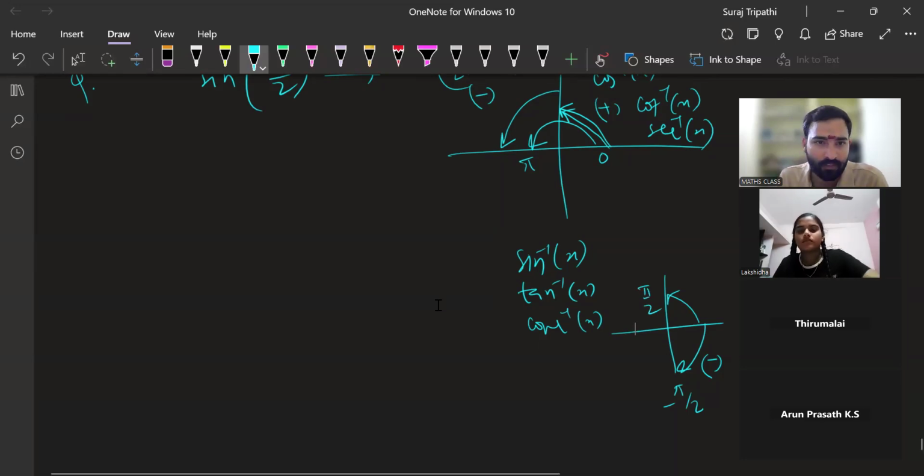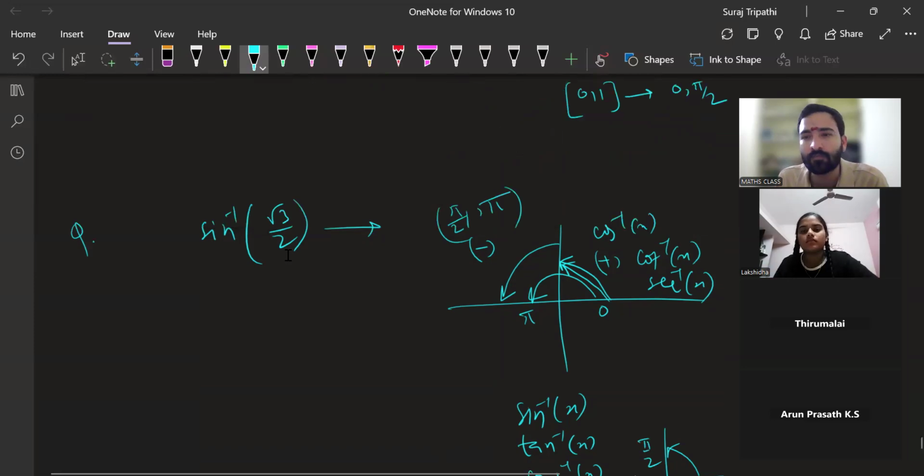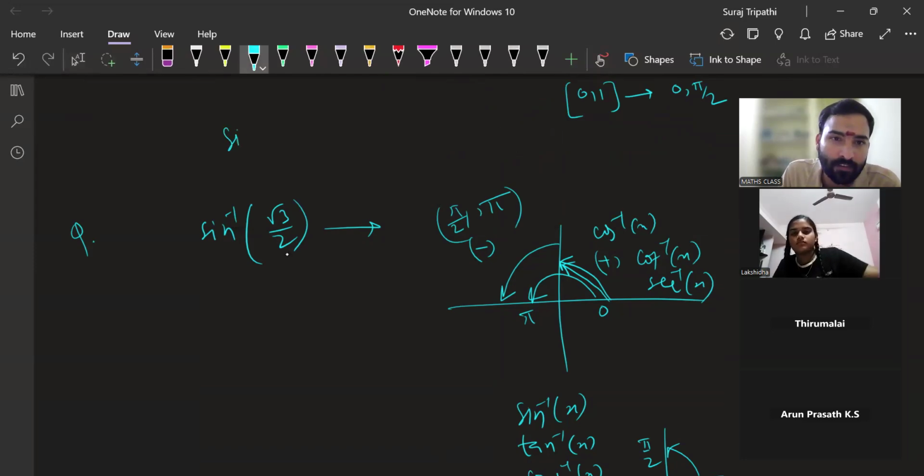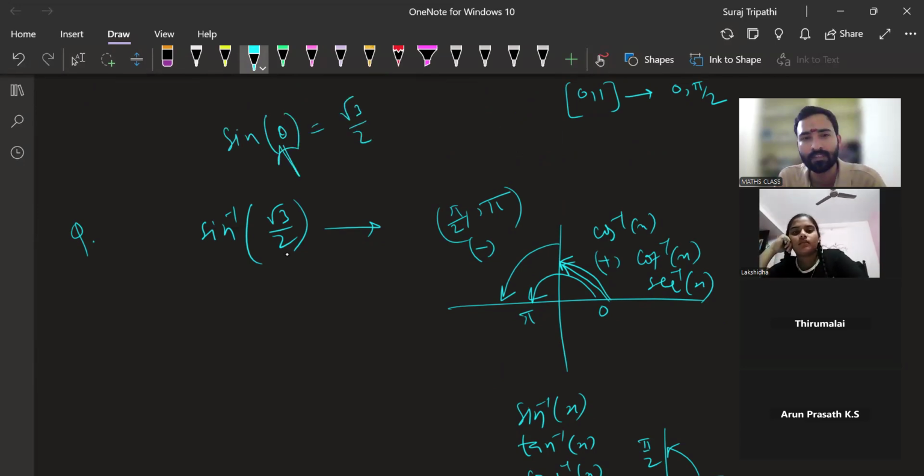So as you can see, this is sine inverse root 3 by 2. We have to find the angle theta for which sine is equal to root 3 by 2. Pi by 3.